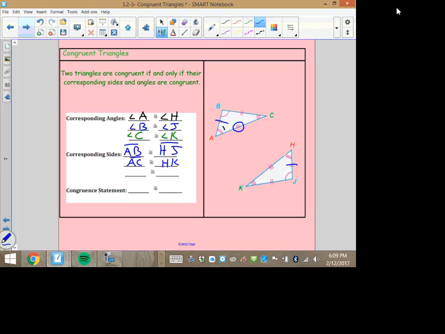So here you can see our three ticks. And we have side BC is congruent to side JK. Now, since all of these parts line up, all angles are congruent and all sides are congruent, we can conclude that triangle ABC is congruent to triangle HJK.